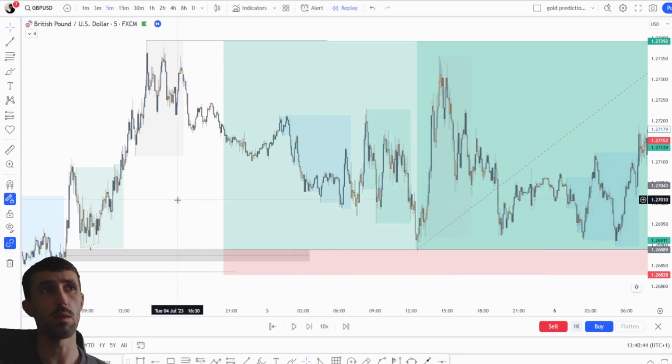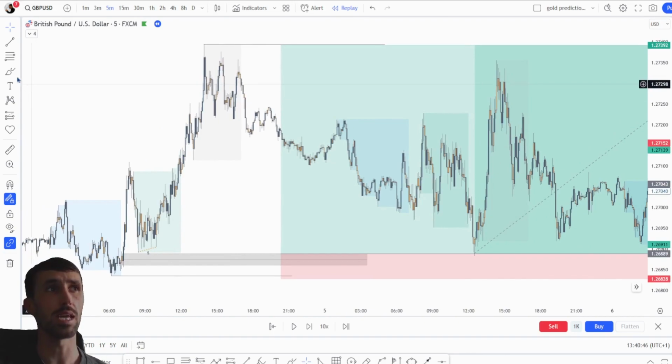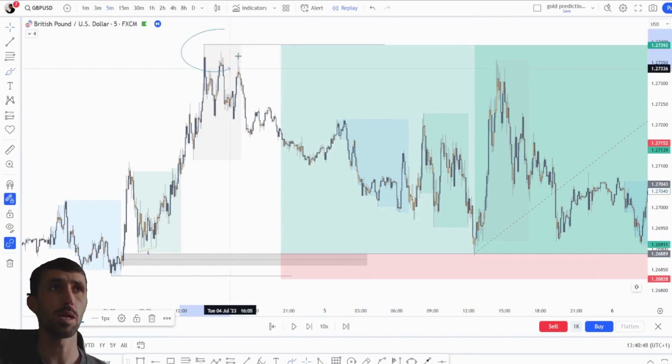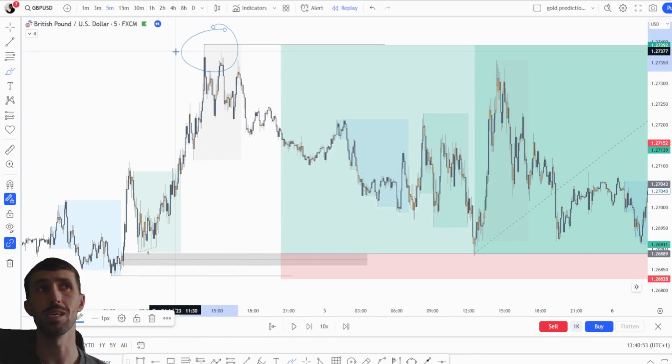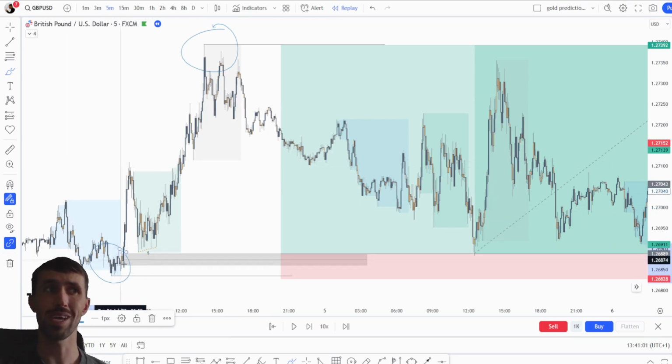So the rule set that we are going to be following is we have to have a manipulated high of a range. For example, bullish movement into a bearish movement. We have to have the same on the low, bearish movement into a bullish movement. We then want to locate, depending on the direction of the range. So for example, here we are clearly bullish.